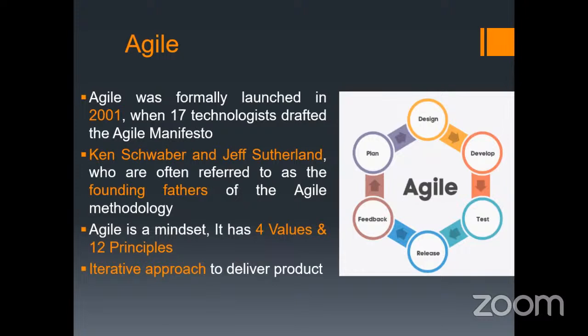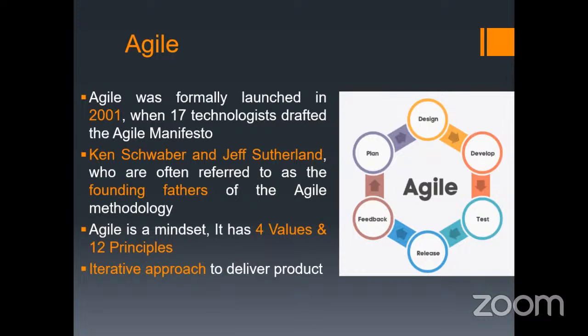In Agile, it is an iterative approach. Iterative approach means it starts with planning. It is a quick planning. After planning, there will be design, development, testing, and now the main point is release. After testing, whatever you have developed, that product will be released to the customer, those who will be using that product actually.